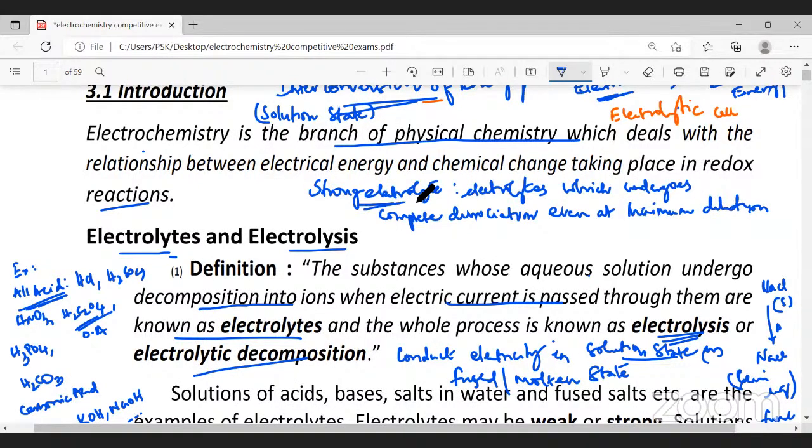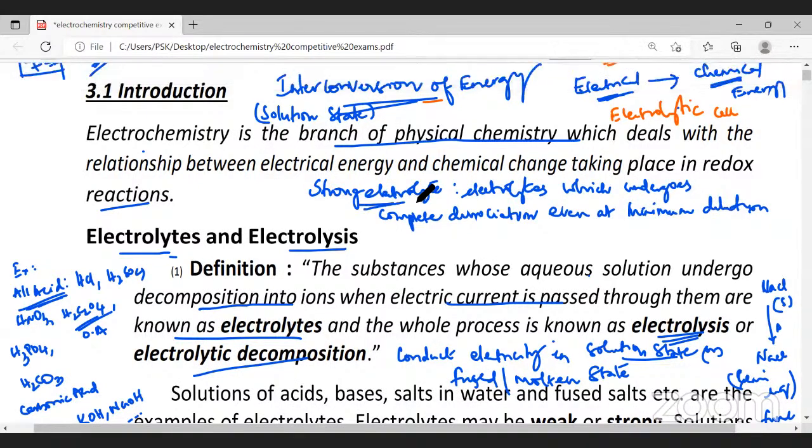What do you mean by a strong electrolyte? An electrolyte which undergoes complete dissociation, even at minimum dilution. That means even though you take little amount of water, the electrolyte will undergo complete dissociation. That means it will undergo complete ionization. It will break into what? Ions completely. Those are called strong electrolytes.